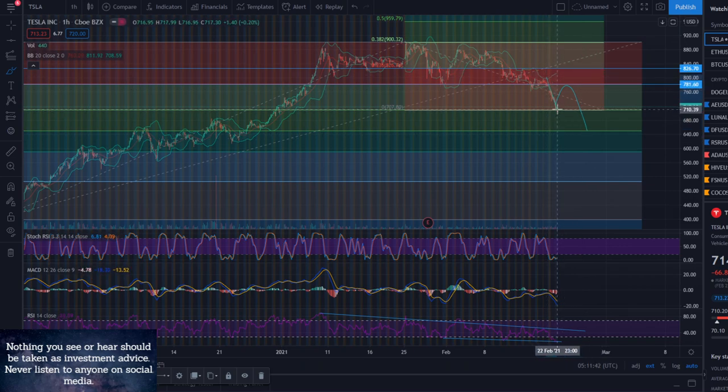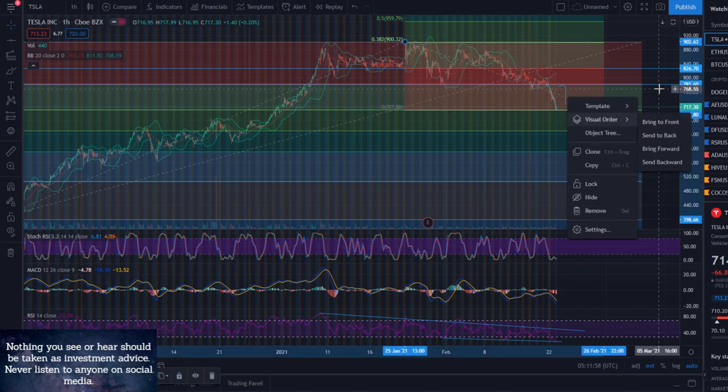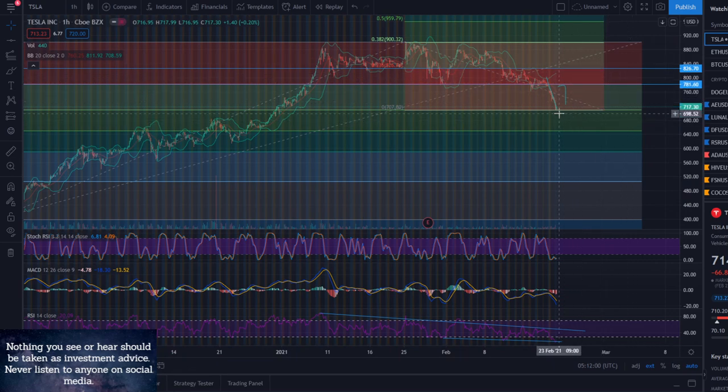This may be a bear flag that forms right in here, and we may drop lower, but my entire position is this 709 to 781. I will happily take my 10% and get out on this run, right? So that is what I think is coming for Tesla short term. I think we are going to come back up about 10%, and this is probably within the next 48 to 72 hours.